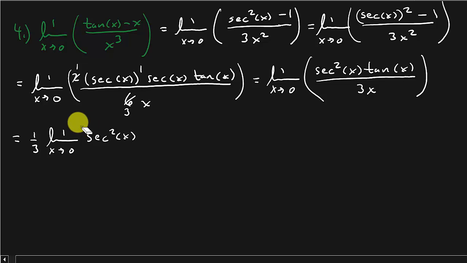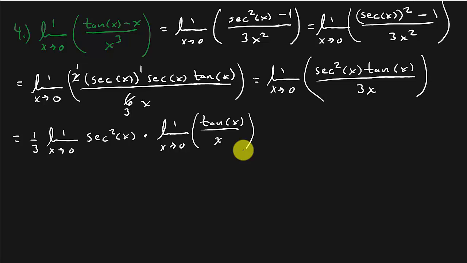Times the limit as x goes to 0 of tangent x over x. All right. So I just split it up. We can do that. Remember back when you first learned how to do limits? I know that was a long time ago. Back in chapter 2 in most calculus books.